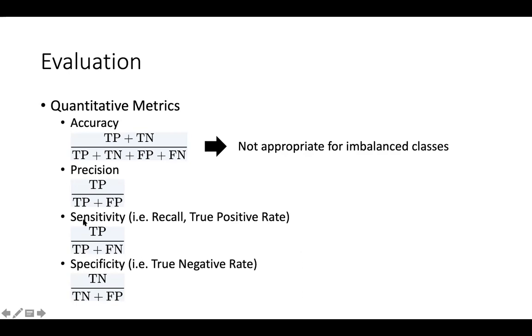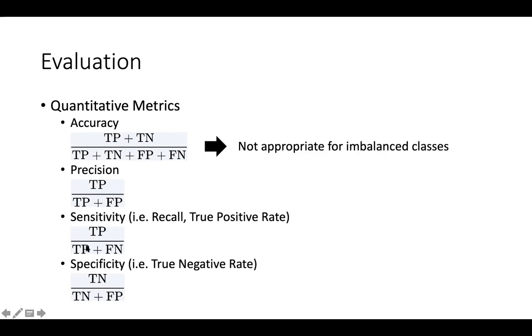Sensitivity, which is also called recall, or true positive rate. Recall is used in the data mining, search engine, or recommendation community, so a bit more computer-heavy domain. Sensitivity is used in the biomedical domain all the time, but they're the same thing.